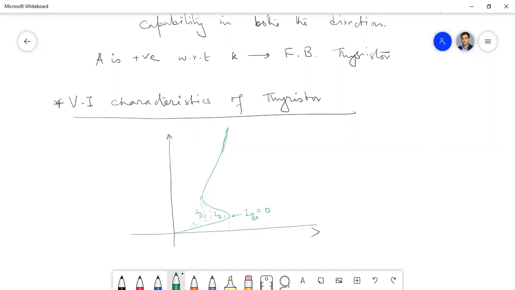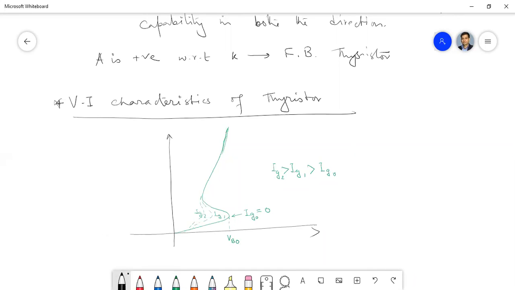This IG1 is more than IG0 because IG0 is 0. That means if we go for higher gate current, then this value, which is called the VB0 or forward blocking voltage, will be reduced.